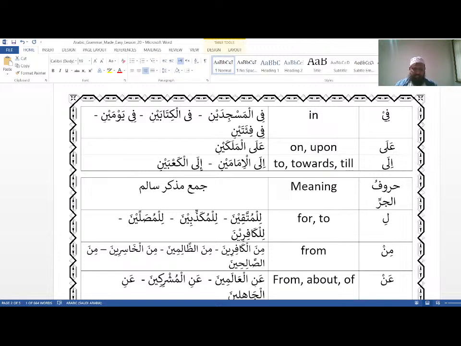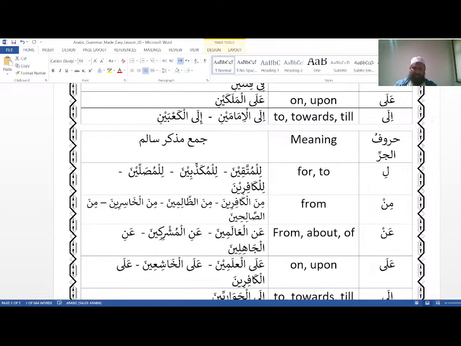Min, the same thing: min al kafirina, min al zalimina, min al khasirina. Zalim, we know, the oppressor. Khasirina, the losers. Min al salihina, from the pious.